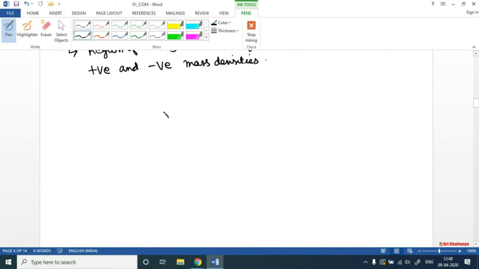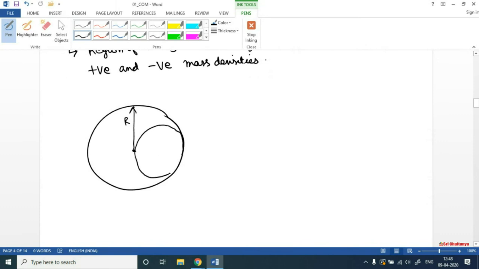For example, we have a sphere of radius r, and we have made a cavity in that sphere.